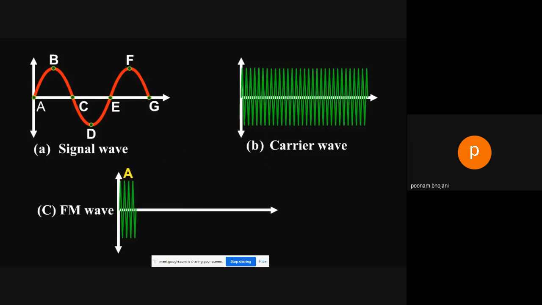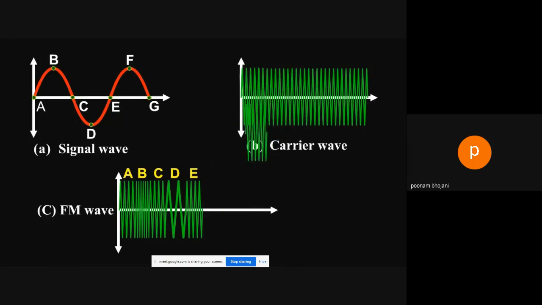When the signal approaches its positive peaks at B and F, the carrier frequency is increased to maximum as shown by closely spaced cycles, but during the negative peak of signal as at D, the carrier frequency is reduced to minimum as shown by widely spaced cycles. The louder signal causes greater frequency change in modulated carrier as indicated by increased bunching and speeding of the waves as compared with relatively weaker signal.